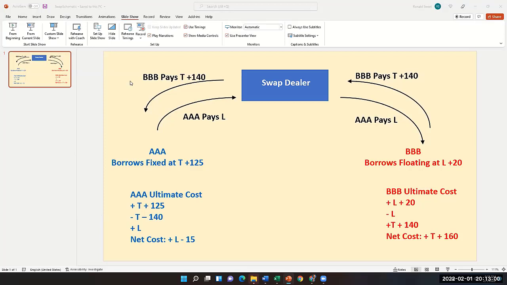All right, so this is how a swap works. Both entities come out ahead just because of the term structure of credit spreads. They save a significant amount of money. I don't know what the term structure is right now. You can look at the swap curve and see what that structure is.